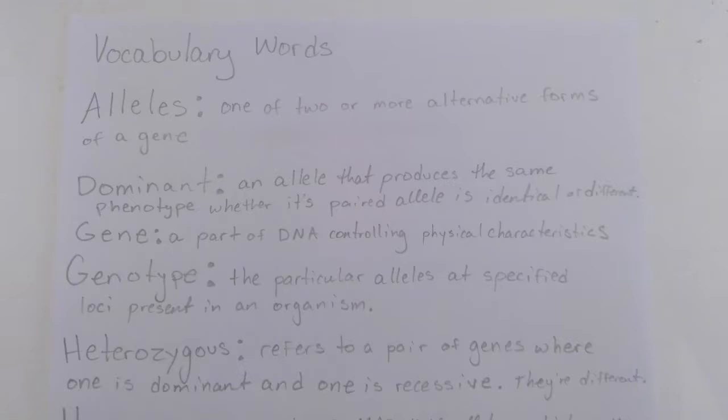Gene: a part of DNA controlling physical characteristics. Genotype: the particular alleles at specified loci present in an organism. Heterozygous: refers to a pair of genes where one is dominant and one is recessive. They're different.